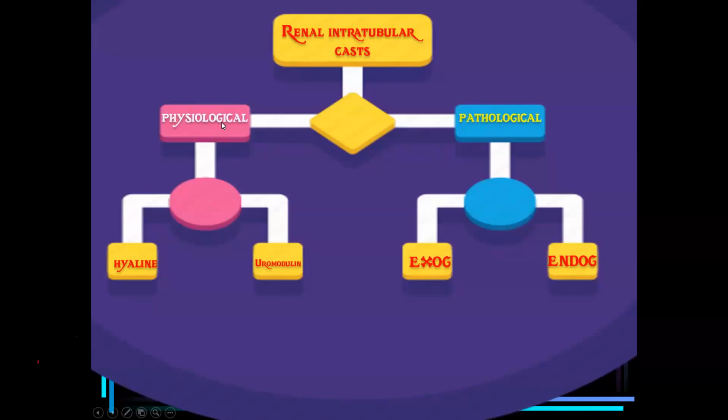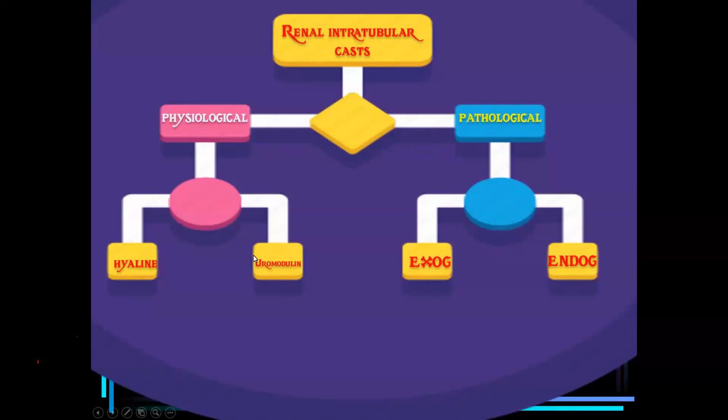The physiological casts may be uromodulin, which is also called Tamm-Horsfall cast, and the hyaline cast. These two may look similar, or may look as if we are speaking about the same term, but actually there are some differences between these conditions.